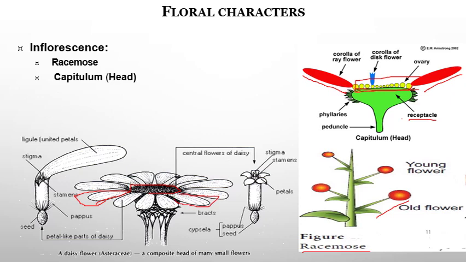So the receptacle has overlapping bracts at the base, called involucre. Here we have these bracts referred to as involucre. Later we will study these bracts.